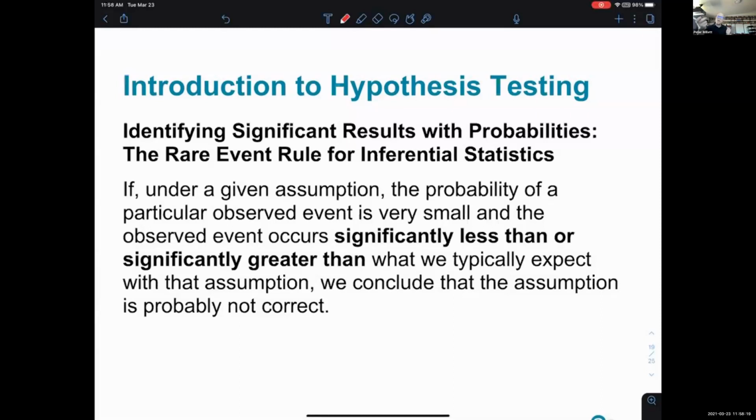And if your sample deviates from what your assumption would predict to the point where your assumption would make what you observed very, very rare, well, then maybe your assumption was just wrong in the first place.